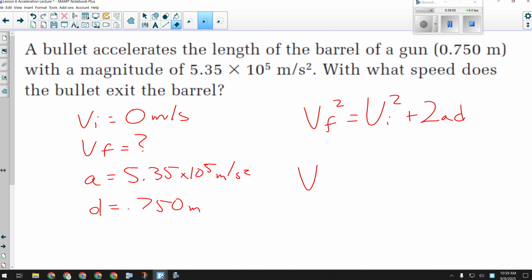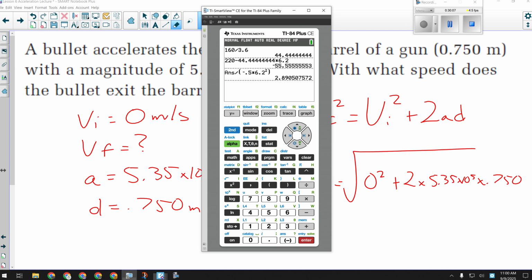So VF equals the square root of 0 squared, VI, plus 2 times 5.35 times 10 to the 5 times 0.750. I'll punch that into my calculator: square root of 0 squared plus 2 times 5.35 E5 times 0.75.